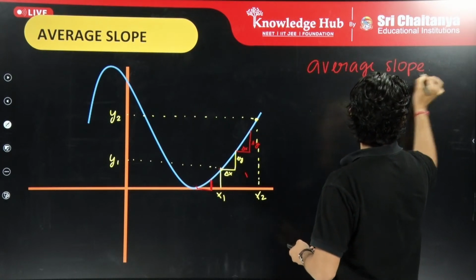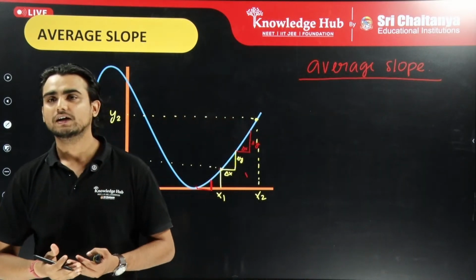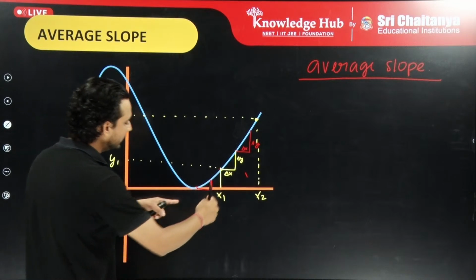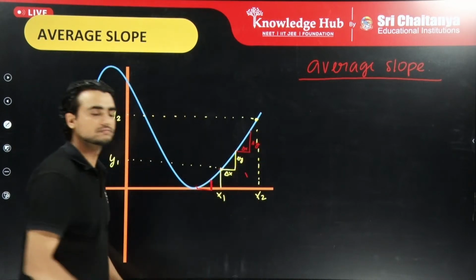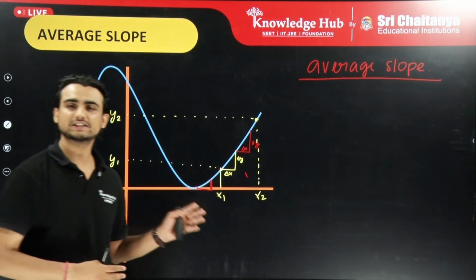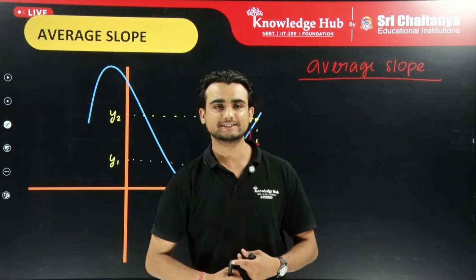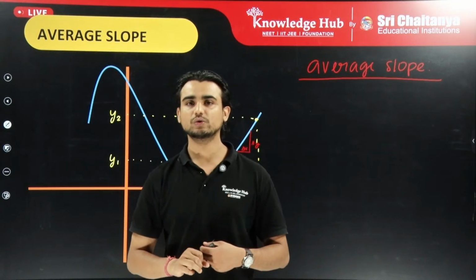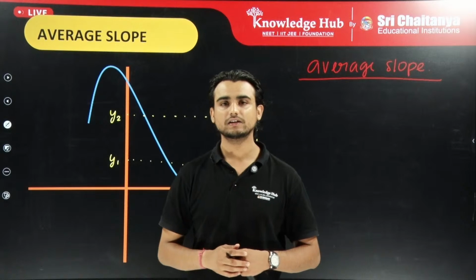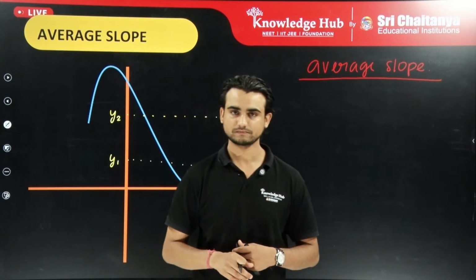So what do you mean by average slope? When I say average slope, I mean to say that I am assuming this to be a straight line. This is not a straight line, but I am assuming, I am saying average. So let's take an example. Let's say I want to go from Delhi to Mumbai and I travel by car.